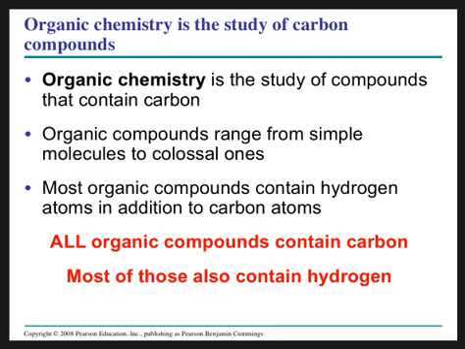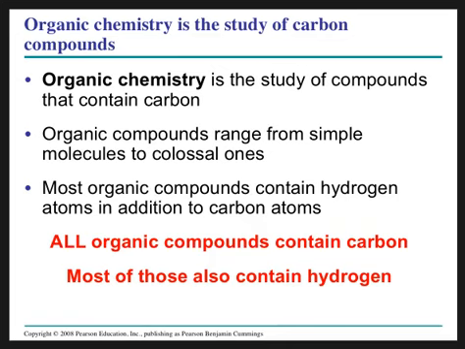So first definition, organic chemistry. Organic chemistry is the study of compounds that contain carbon. These compounds can be very, very simple molecules or very, very colossally complex ones. So I'm not a fan of the all and none version of statements, but when we talk about organic compounds, we absolutely can say that all organic compounds contain carbon.